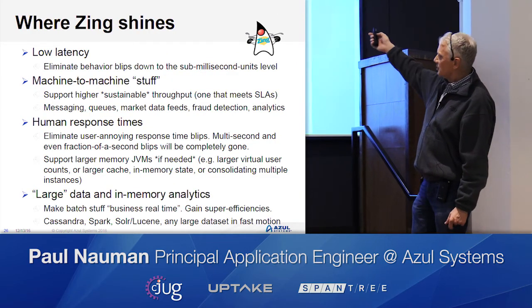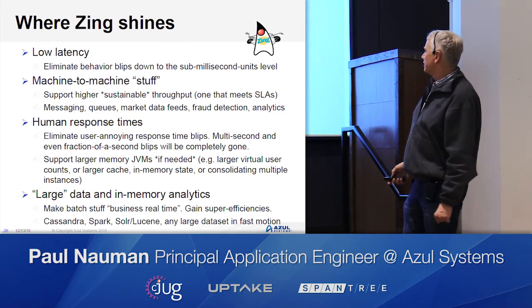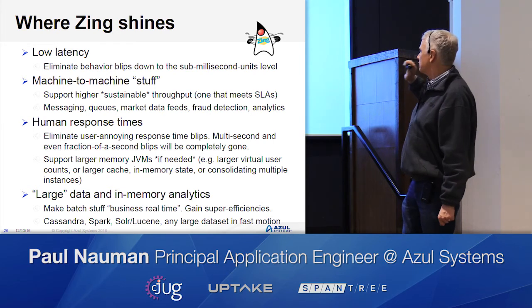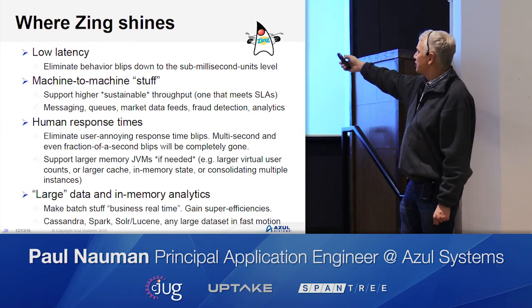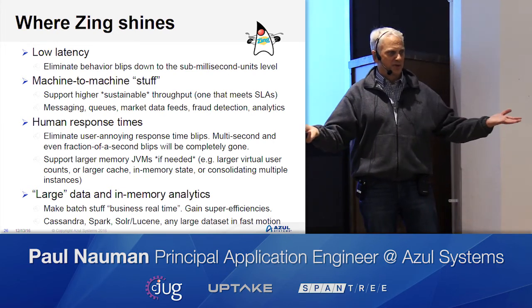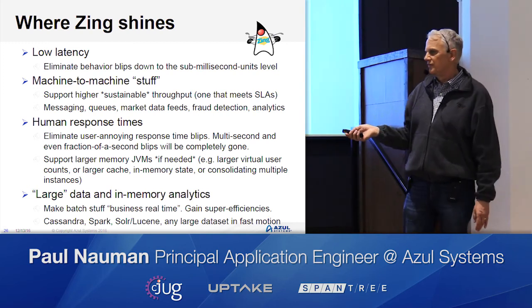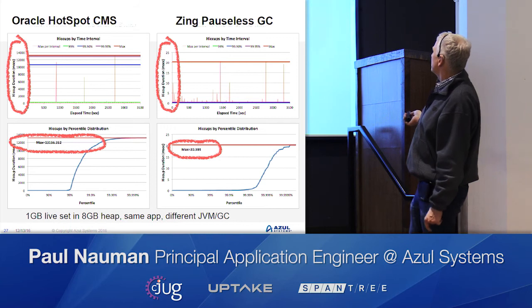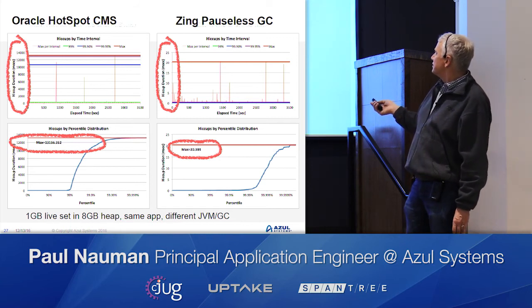Here are some of the applications where Zing is particularly good. We've seen 20x improvements in Cassandra response times. Human response times, like serving web pages, is another place where we're particularly good. Here's a couple of examples.